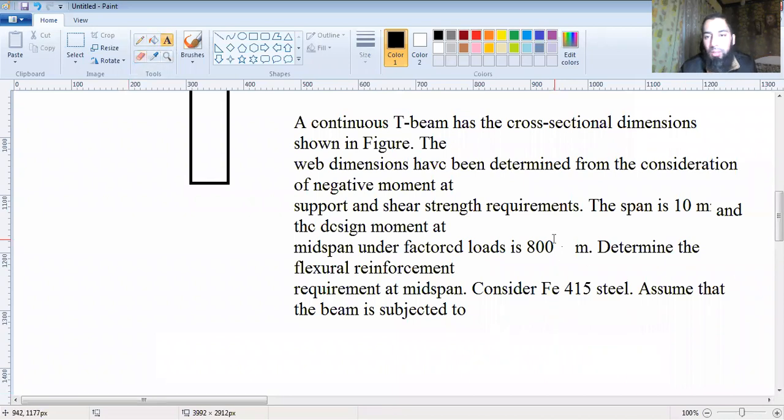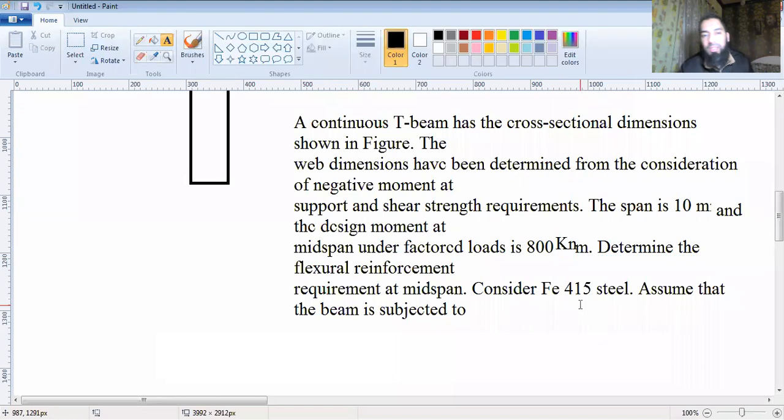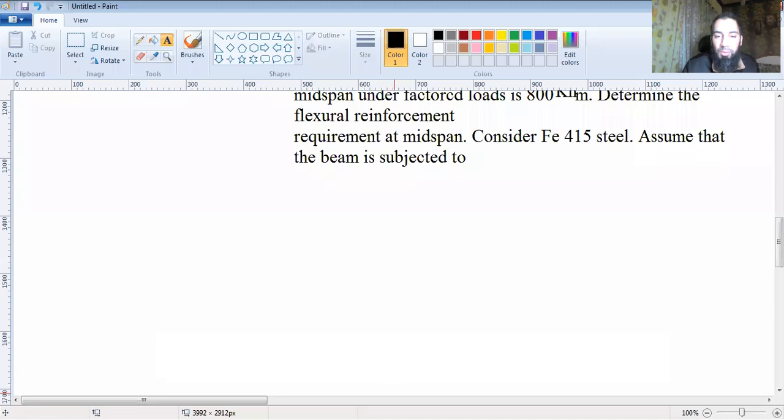So it's already given in the moments. Determine the flexural reinforcement requirement at midspan. Consider Fe415 steel, and assume that the beam is subjected to moderate exposure conditions.